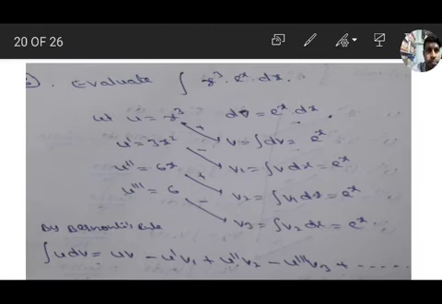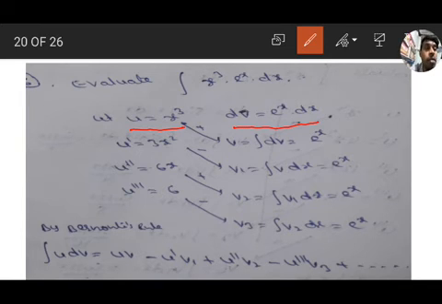Evaluate the integration of x cube into e to the power of x into dx. Here u equal to x cube, dv equal to e to the power of x into dx.